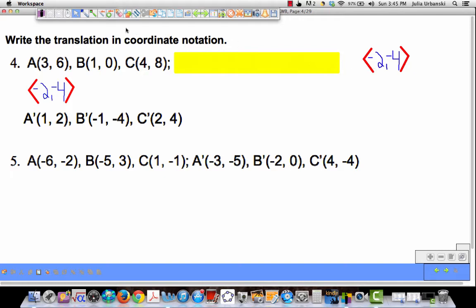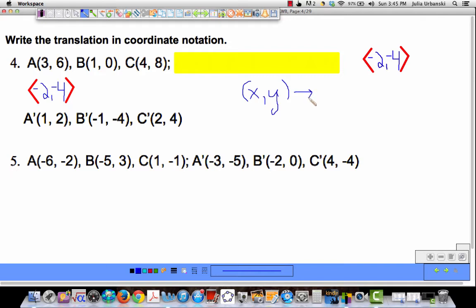You can also write it in coordinate notation by saying what x and y was and what it will become. Here's your x, here's your y. Okay, and then they draw an arrow to show what it's going to become.